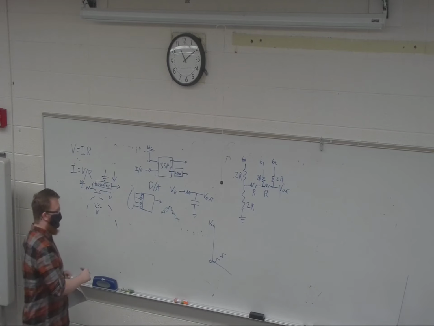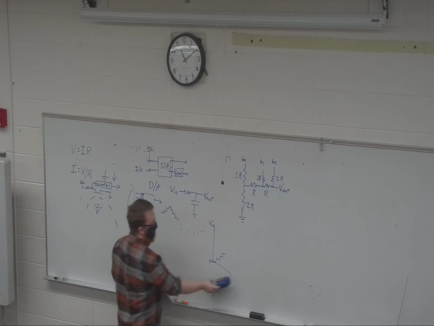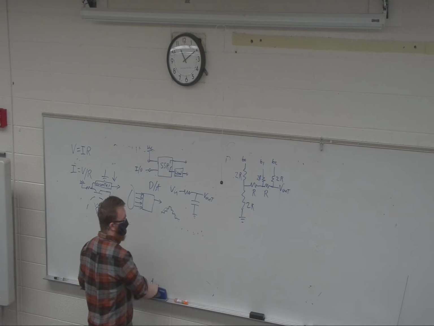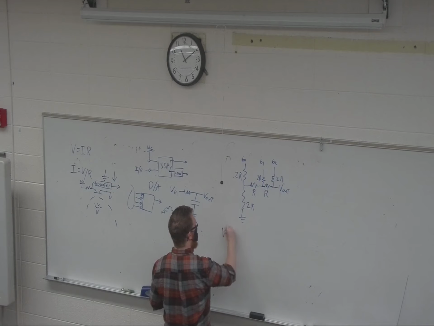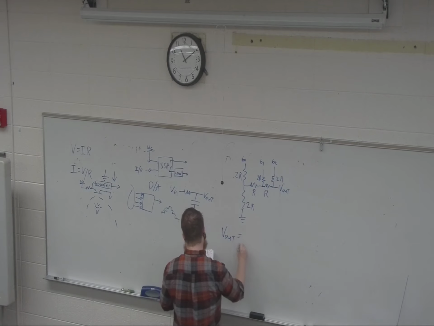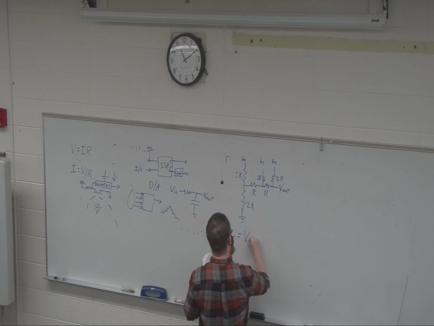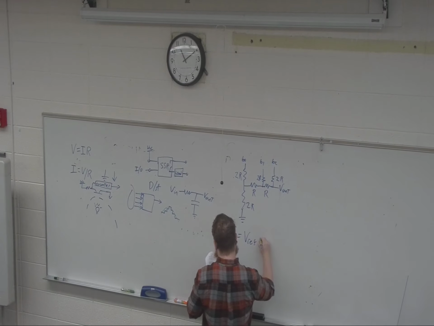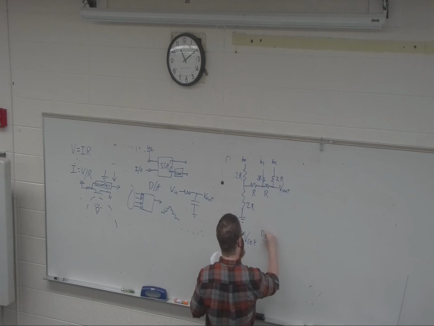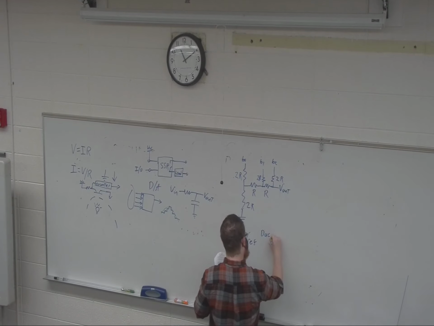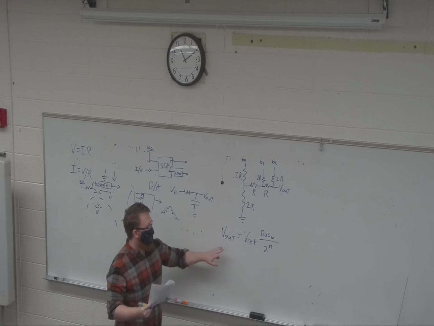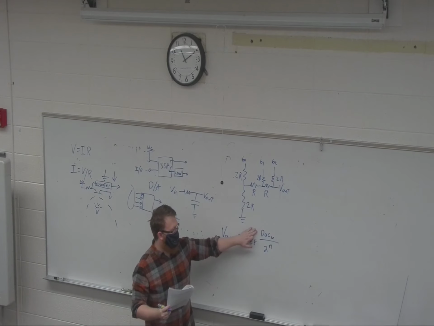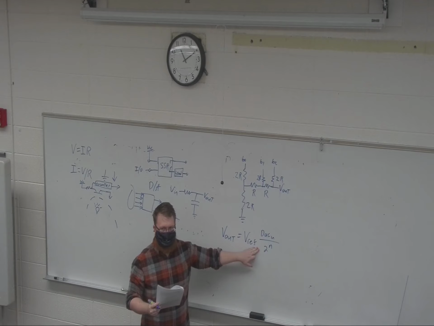I wanted to show you the inner workings of it because the book and the homework does care about how that works, and your V out is going to equal the reference voltage, I don't like this notation, but we'll stick with book notation, Vref times the DAC input divided by 2 to the n, the number of bits.